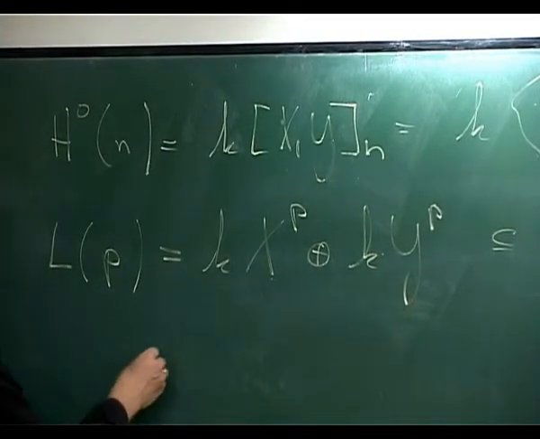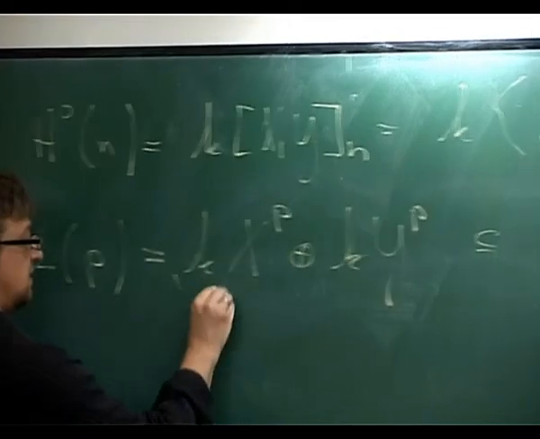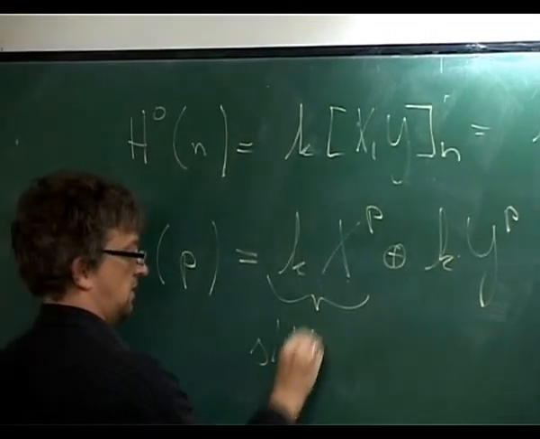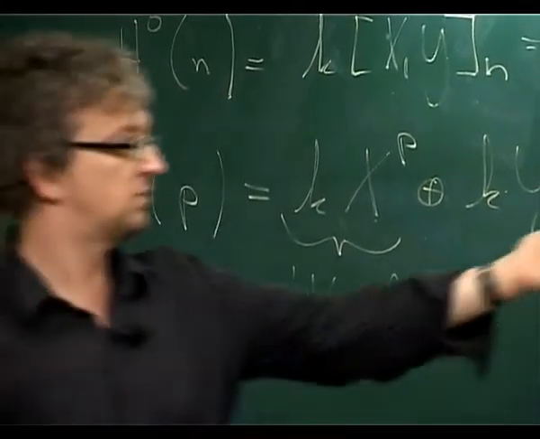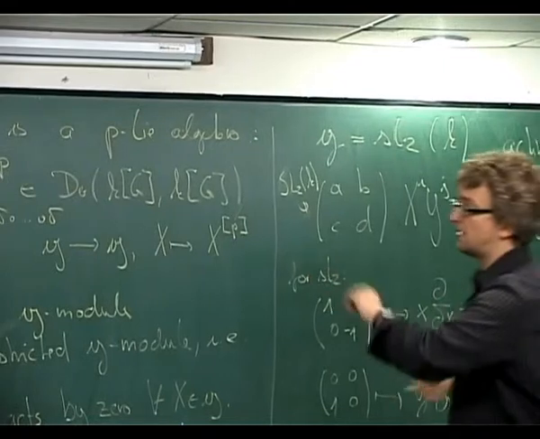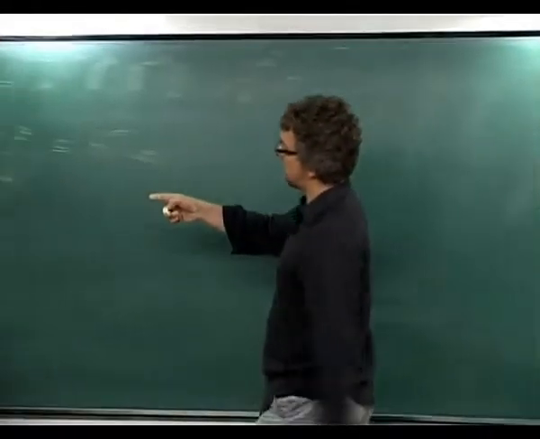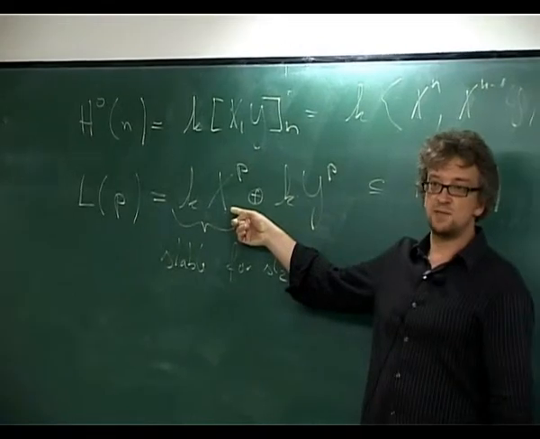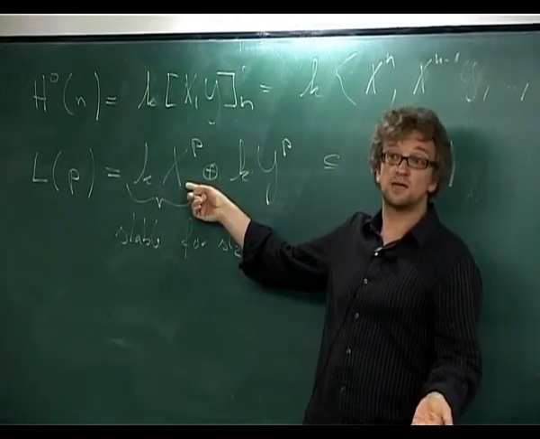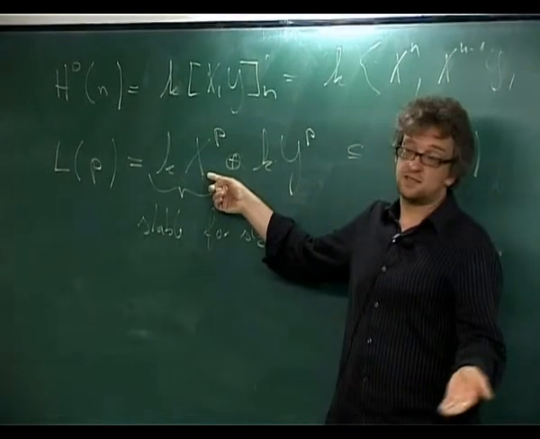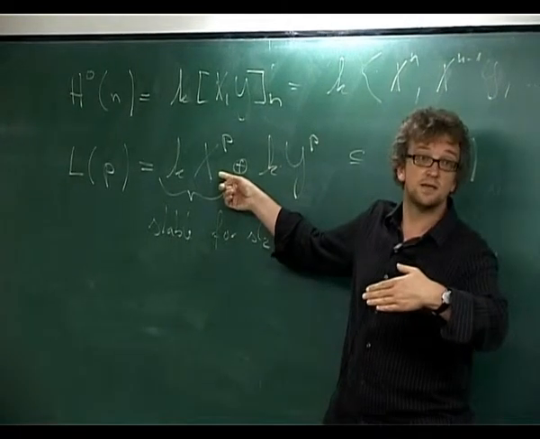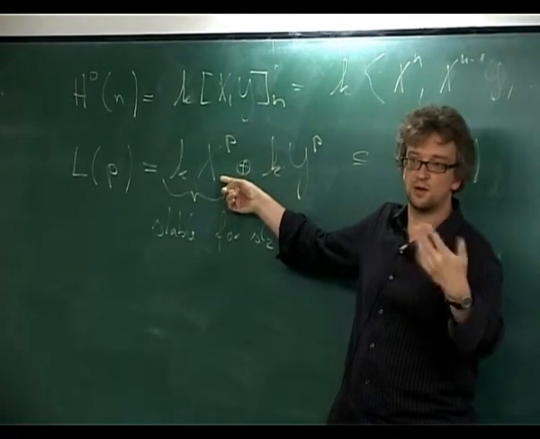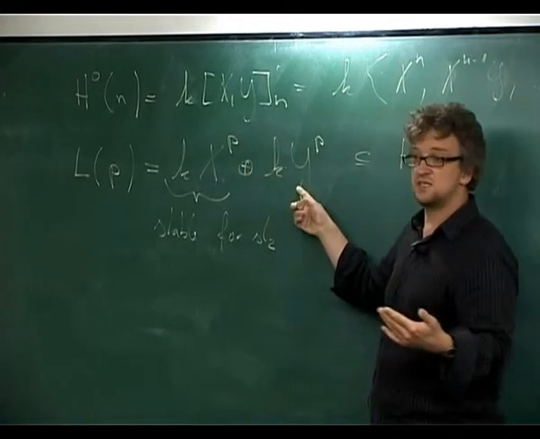It is stable for SL2, check here. If you differentiate x to the p with respect to x, you get p times x to the p minus 1, but p times something is 0 in characteristic p. Differentiating with respect to y is 0 anyway. So everything operates by 0 on this space and on this one too.